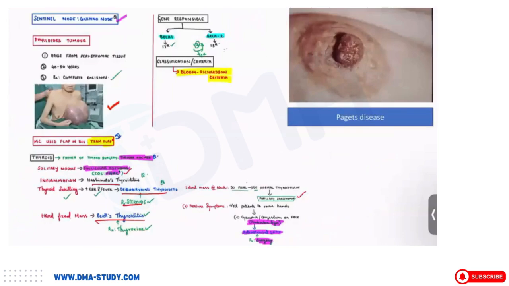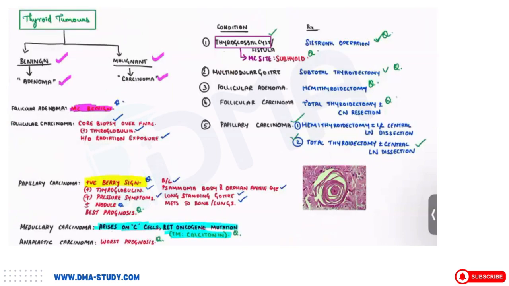Retrosternal goiter. And speaking about the tumors, follicular adenoma is benign. Follicular carcinoma is malignant. So we prefer a core biopsy over FNAC in follicular carcinoma. And we may see thyroglobulin antibodies in follicular carcinoma.